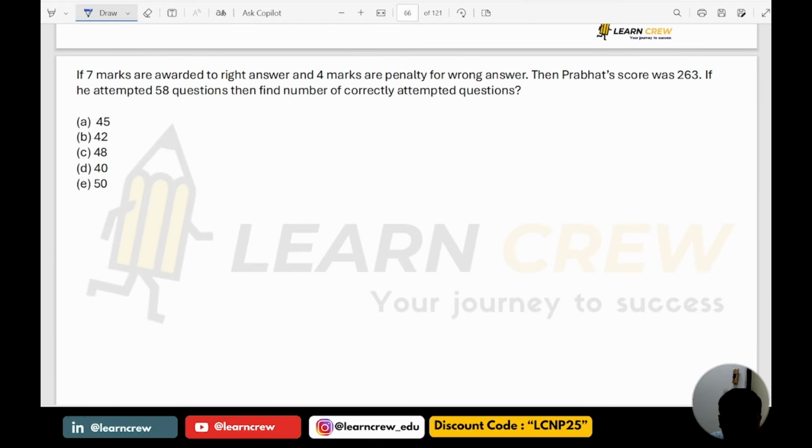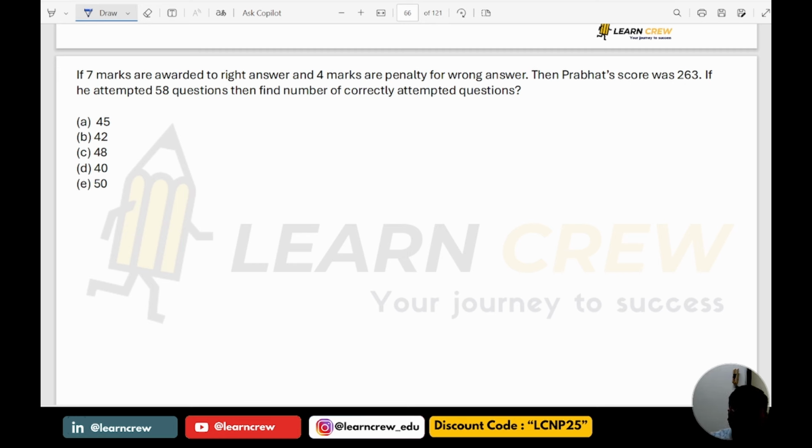Next, 7 marks are awarded for a right answer and 4 marks are penalty for wrong answers. Prabhat's score was 263. If he attempted 58 questions, find the number of correctly attempted questions.